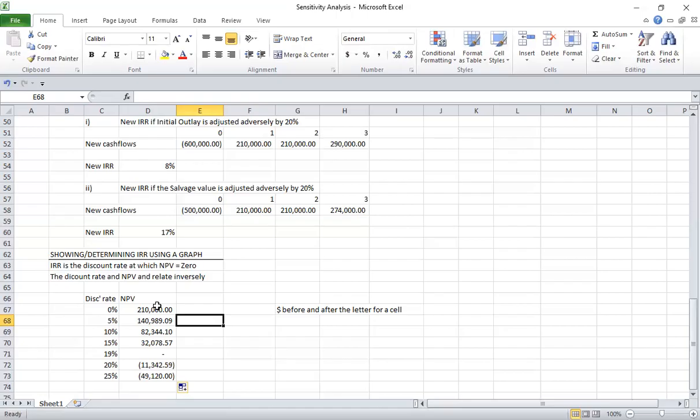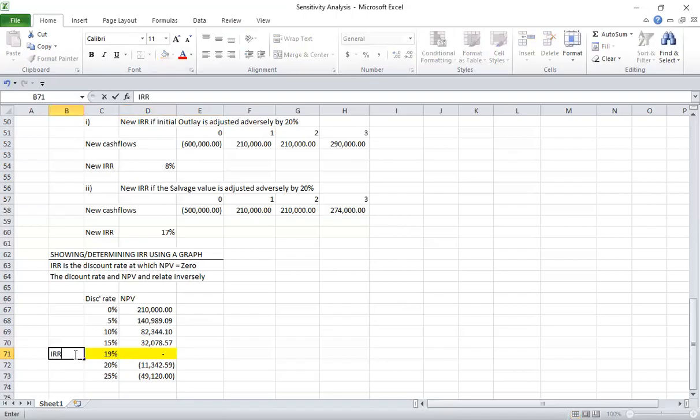Yes. All right. So if that is the case, then you can see that at this discount rate of 19, that's where your NPV is at 0. And so this 19 is what we consider the internal what?